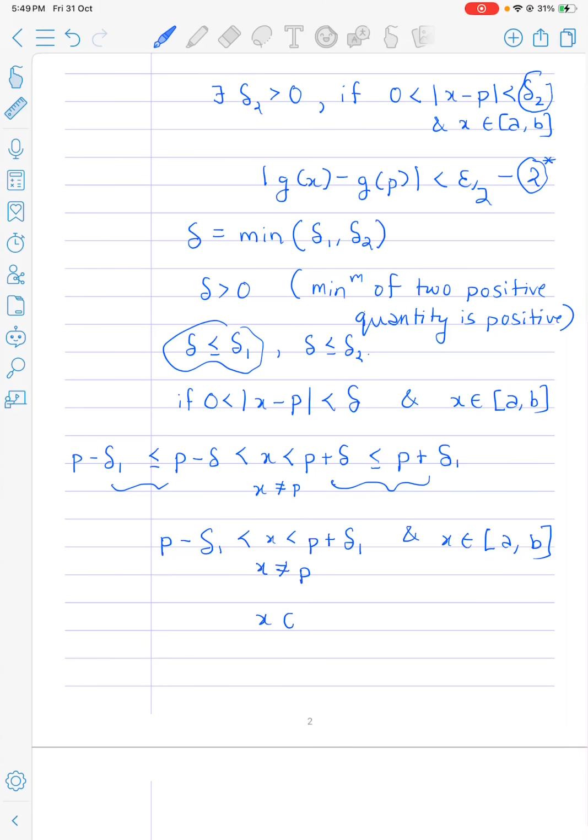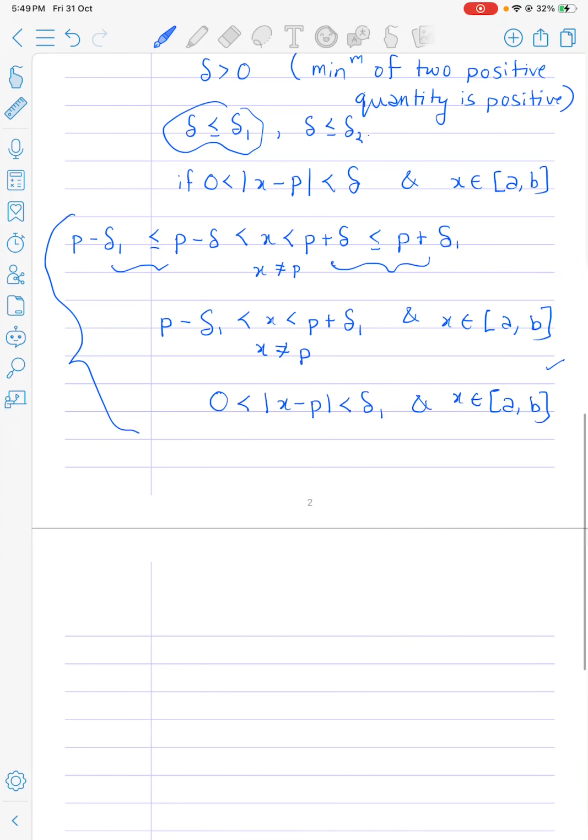And this one, I can write it as |x minus p|. Similarly, you can also check this one also holds true.